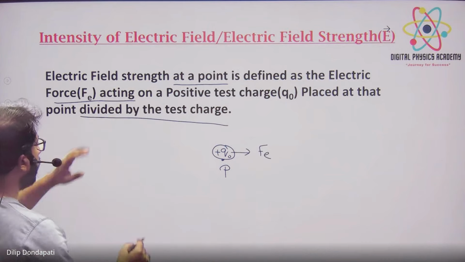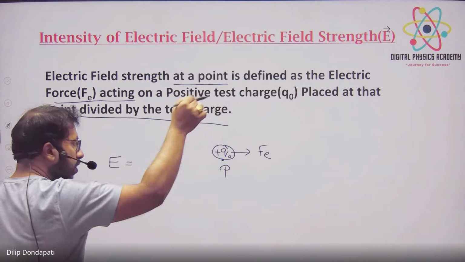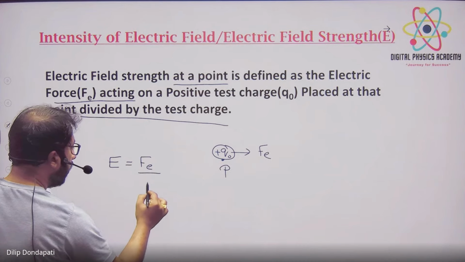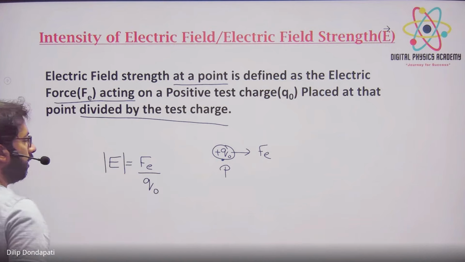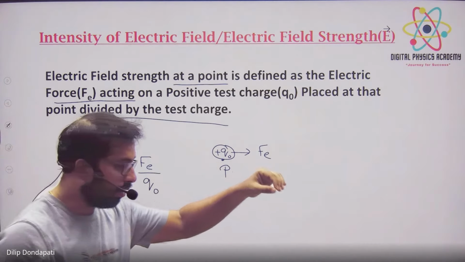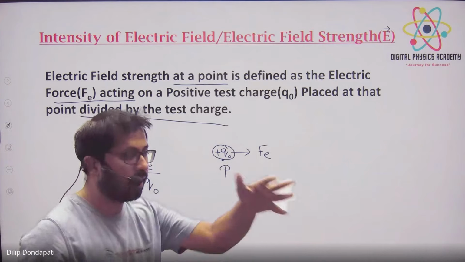So electric field intensity is defined as the force acting on the test charge at that point divided by the test charge. This is nothing but electric field intensity. Wherever you want to find the electric field intensity, put a test charge there. Calculate how much force is acting on it.